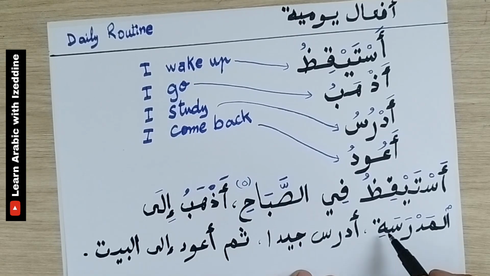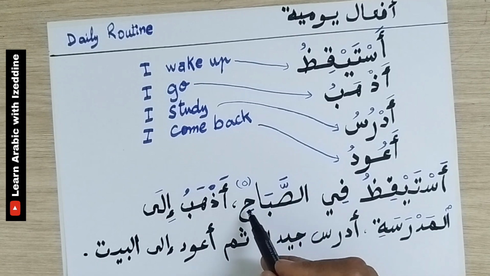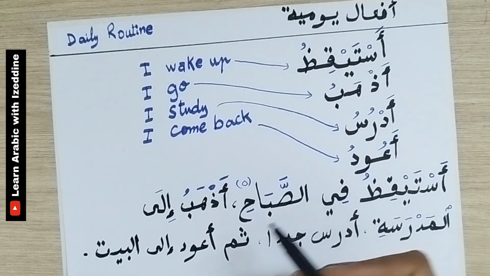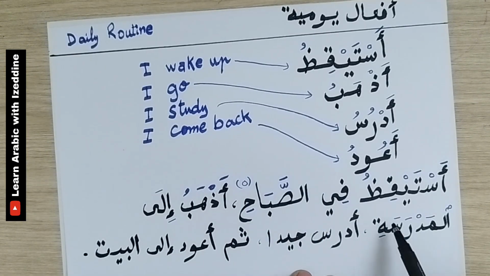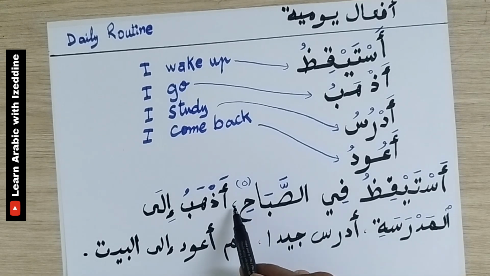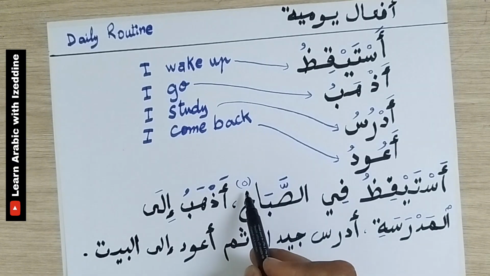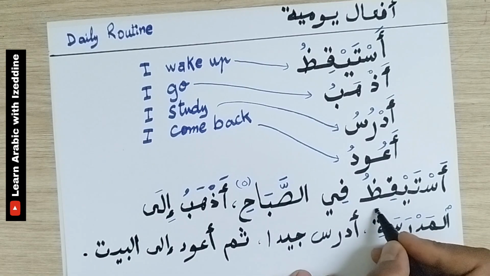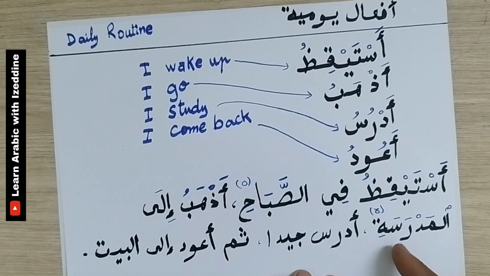Okay, it's an exception. For all the other letters than the ta, when they are before a comma or before a full stop, they take sukun in pronunciation. But at ta, it becomes ha. It's like ha. المدرسة.